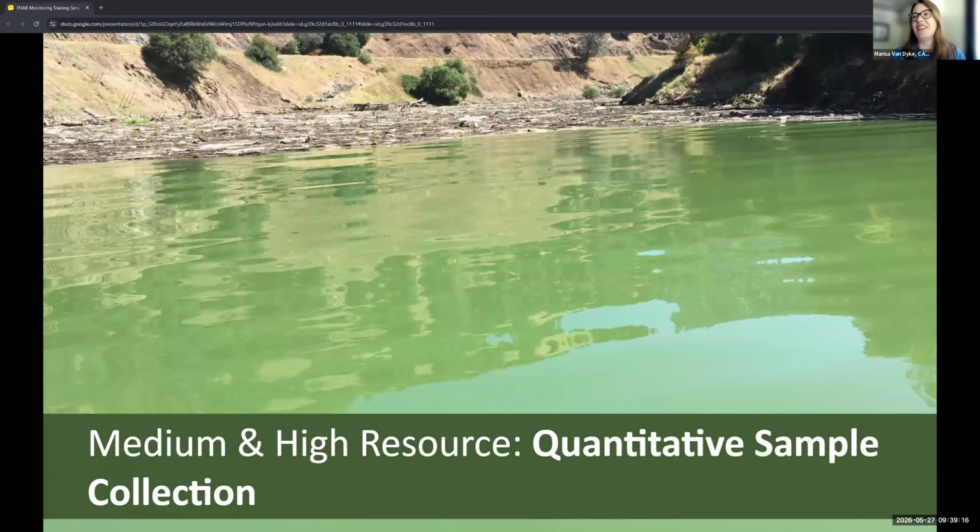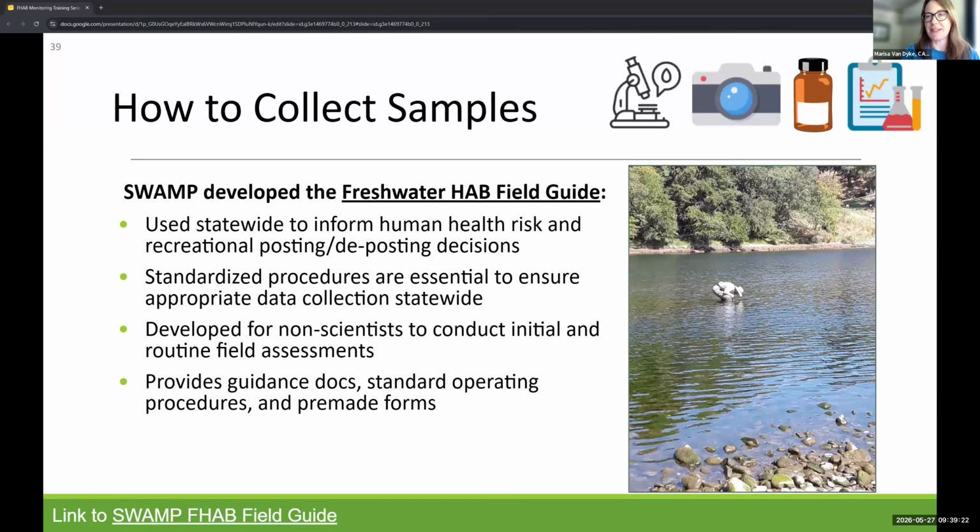All right, so now let's take a deeper dive into the higher resource categories, starting with sample collection for lab analysis. Collection of these samples is really foundational to characterizing the bloom and the potential health risks. There's only some information that we can collect without taking those samples, as we went over.